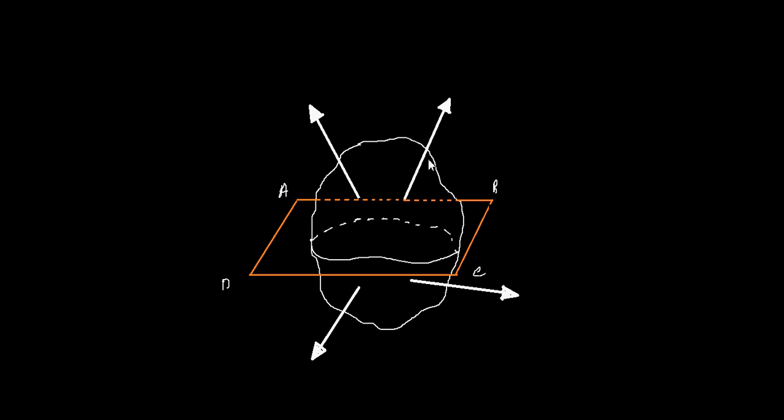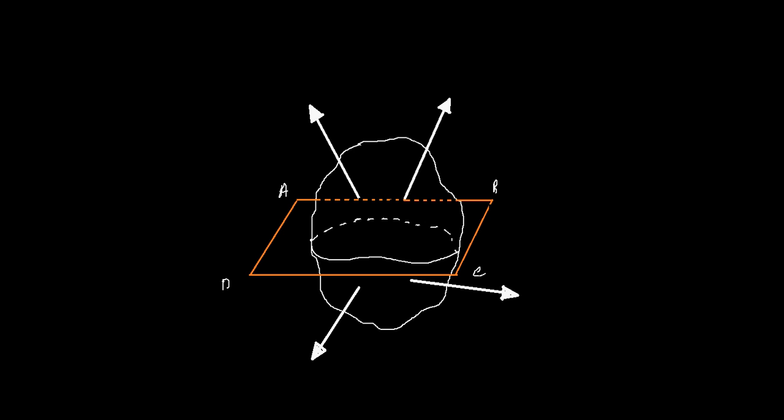And because we know the body is in static equilibrium, if you divide the body into two parts, each part should separately be in static equilibrium as well. So that is the concept of equilibrium. If a body is in equilibrium, every part of the body should separately be in equilibrium. That is a condition we apply here.